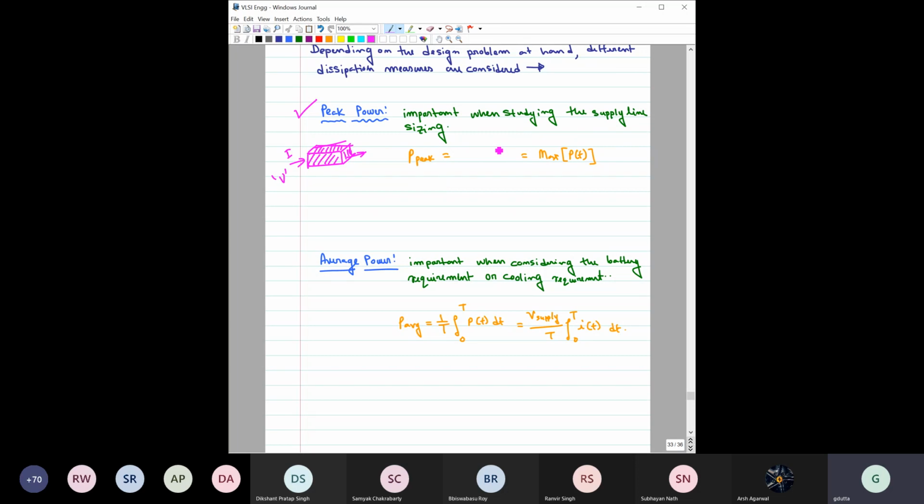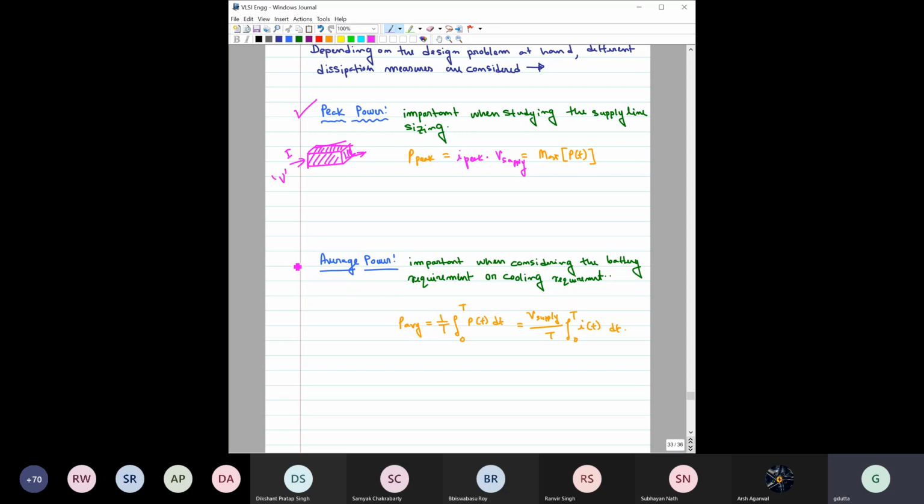Peak power is basically I peak into the supply voltage VDD, so it is basically the maximum of P(t). You have to keep a provision for this much power, so that your IC should be able to handle this much power, right?